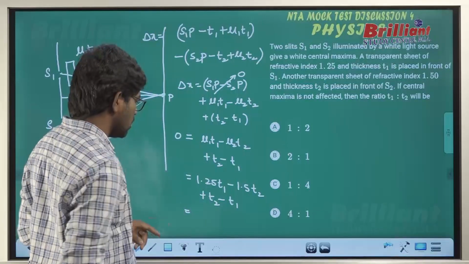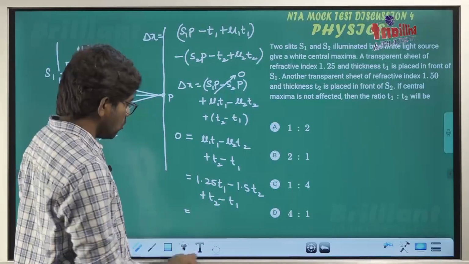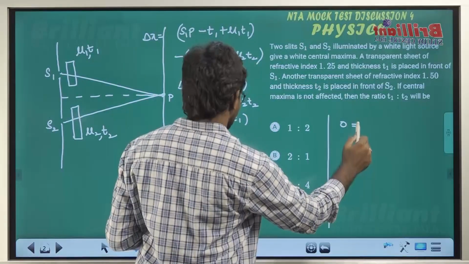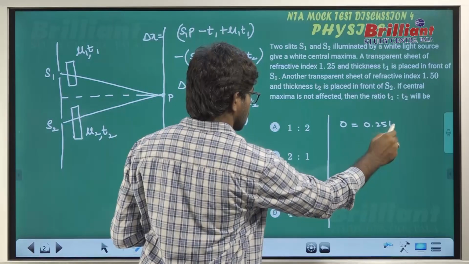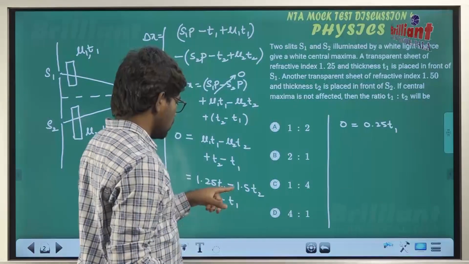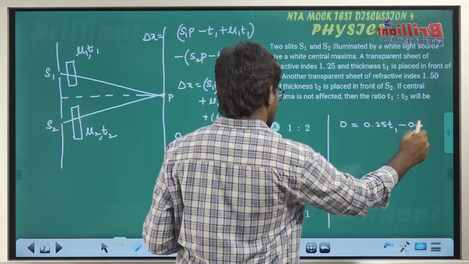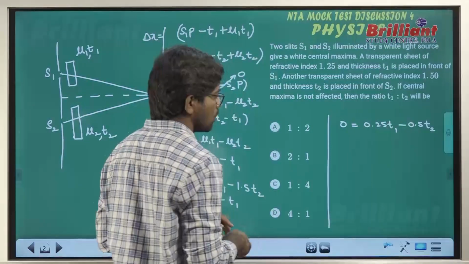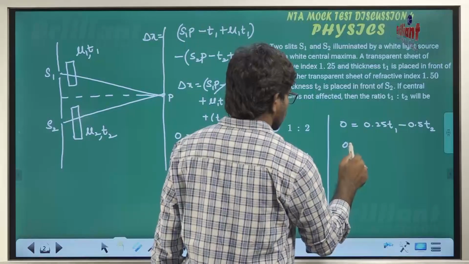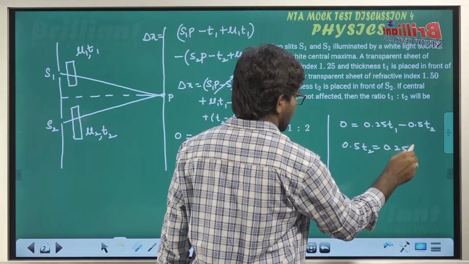From this, what can you say? 1.25 T1 minus T1 will be 0.25 T1, and minus 1.5 T2 plus T2 is minus 0.5 T2. It means 0.5 T2 equals 0.25 T1.